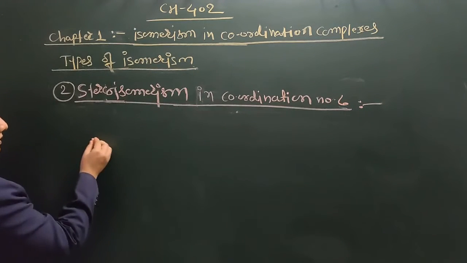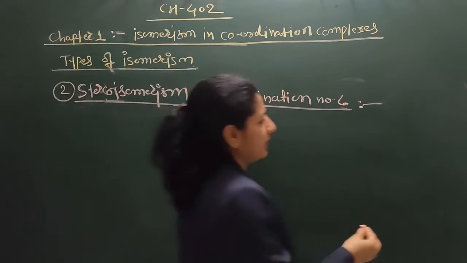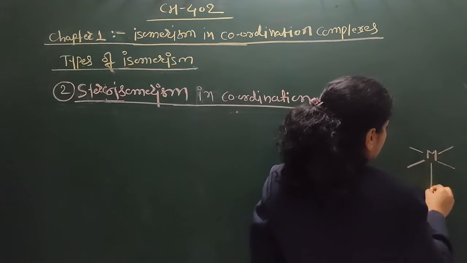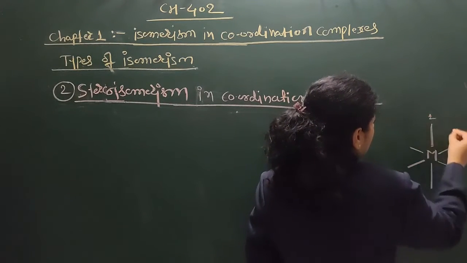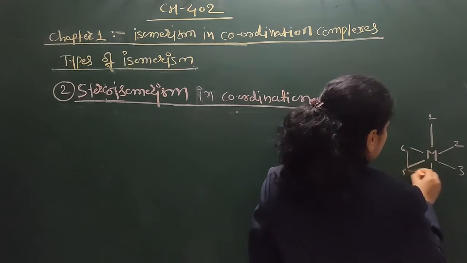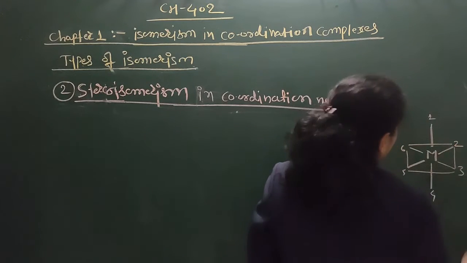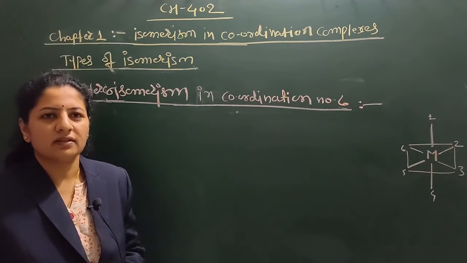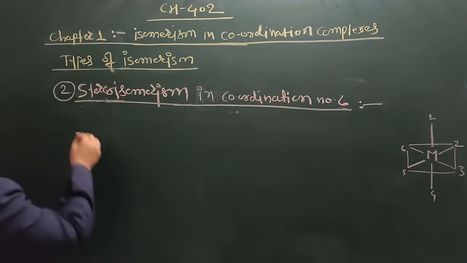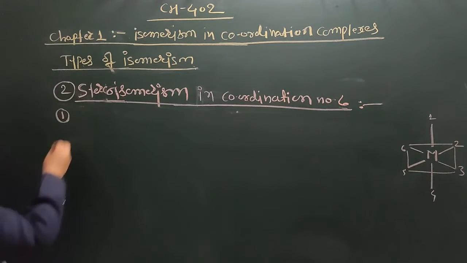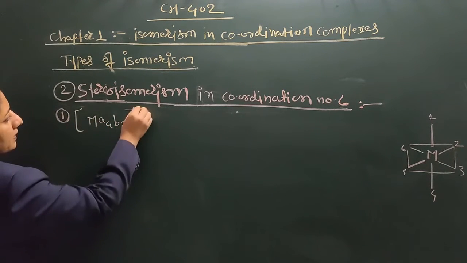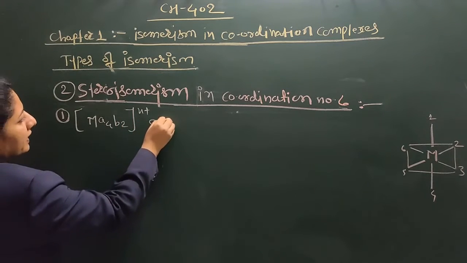As we know, there is an octahedral geometry for coordination number 6. There are various possible arrangements in coordination number 6. Let's discuss them one by one. First, we are going to discuss Ma4B2, and the example of that.